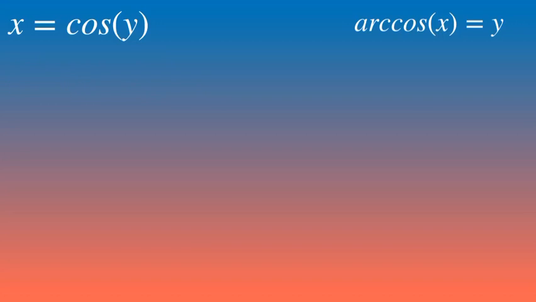So now that we have this, I'll just write it over here. But let's take the derivative of this, and we get d cosine of y equals dx, right? That makes total sense.